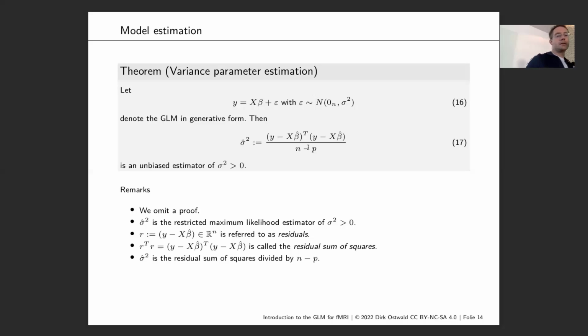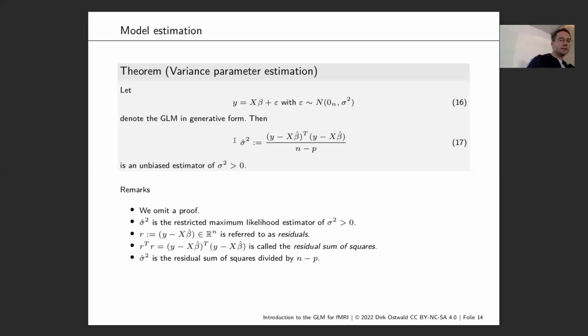And from the maximum likelihood estimator, you can show that it's biased, so its expected value doesn't conform to the true but unknown parameter value, but subtracting this accounts for this bias.